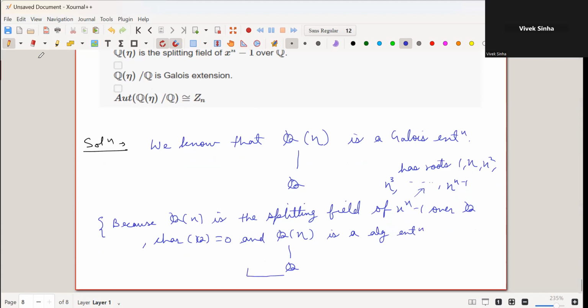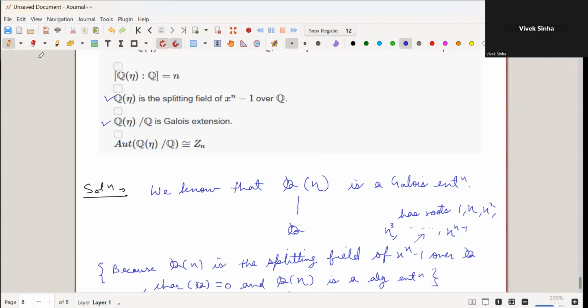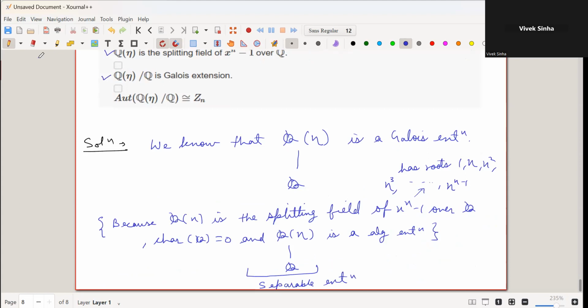These two things will give you the separable extension. So it's a Galois extension, right? So you have the first one to be correct, the second one to be correct, right? Yes.